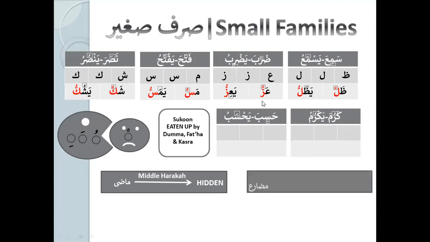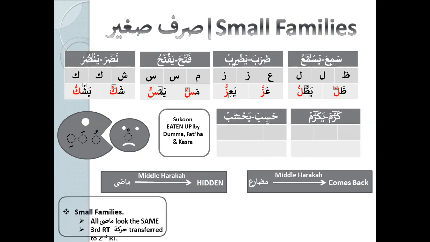In Mudare, you can see that the middle letter's haraka comes back. That is because all the Madi look the same, like I've told you, and the third root letter's haraka is transferred to the second root letter in Madi.